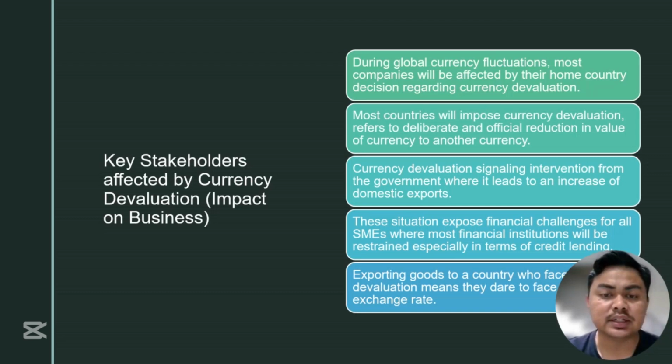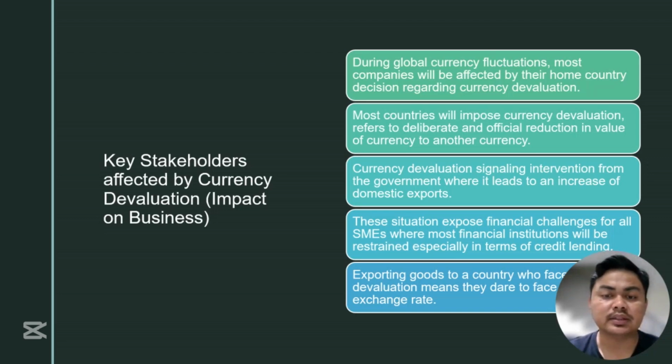Currency devaluation signals intervention from the government, where it will lead to an increase in domestic export. Due to slower economic growth, a weak currency makes a nation's export much cheaper, which makes them more alluring and obviously increases import transactions from another country.